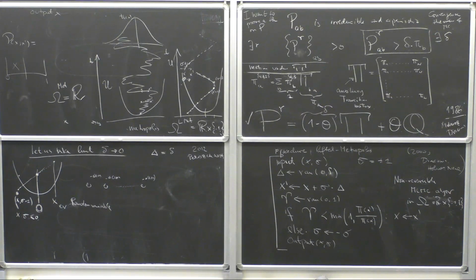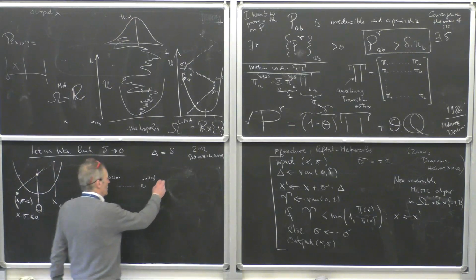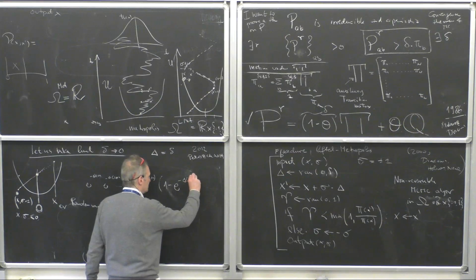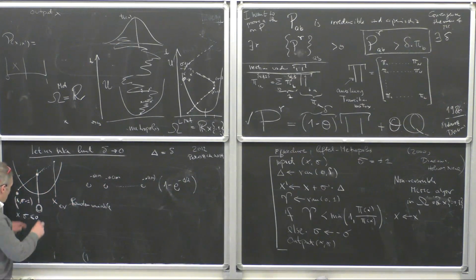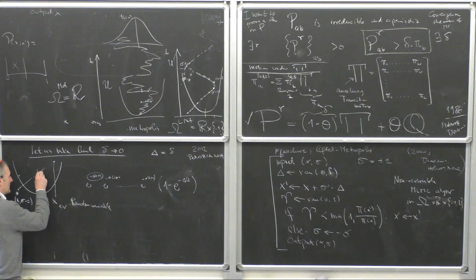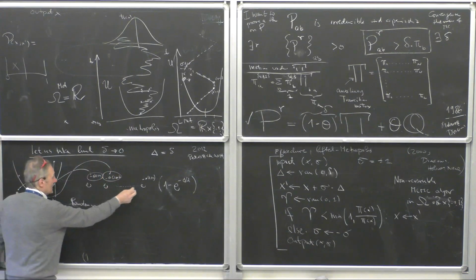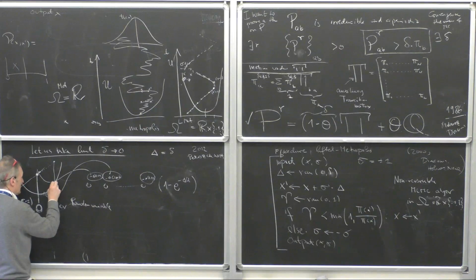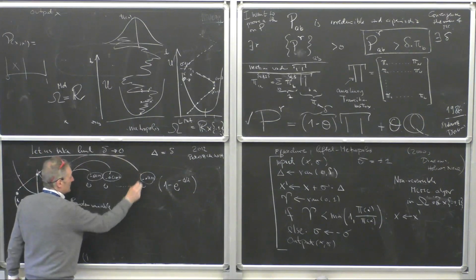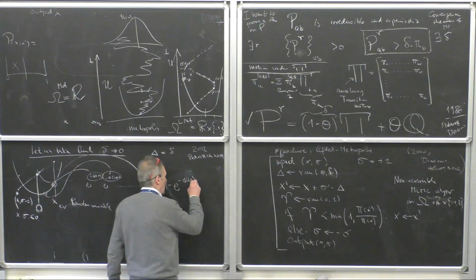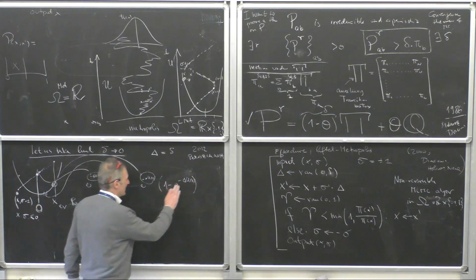I reject it with 1 minus e to the minus delta u. So let me just say it like this. I start here. I have a delta u, which is the delta u from here. This delta u is the delta u from here. So each of these delta u's are different, okay? And then I reject with e to the minus delta u of x event.